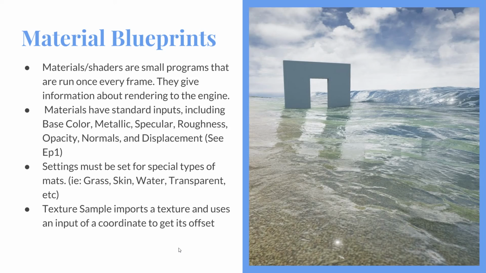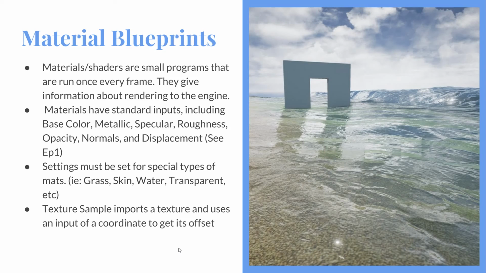So let's say the water or the sand that you can see in this picture, or even the sky. It all has its own information about how to be lit. There are several inputs, including base color, metallic, specular, roughness, opacity, normals, and displacement. We talked about this all in the previous segment.